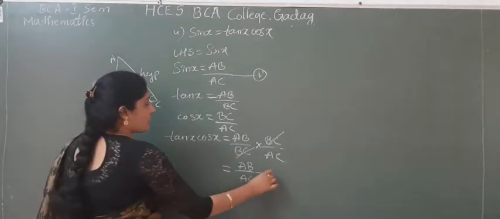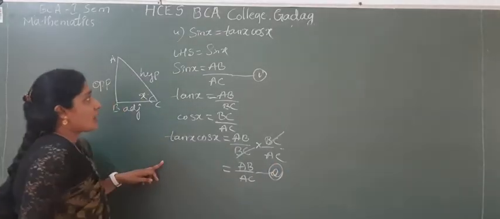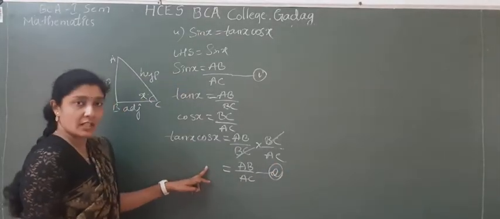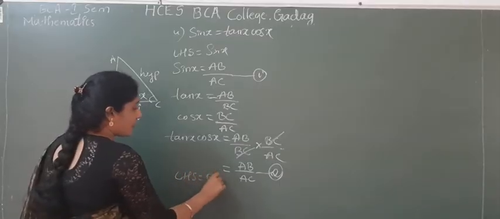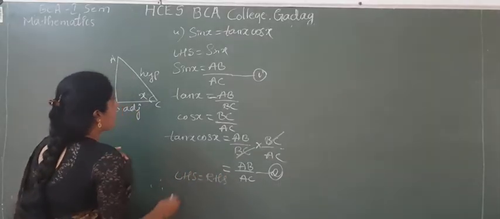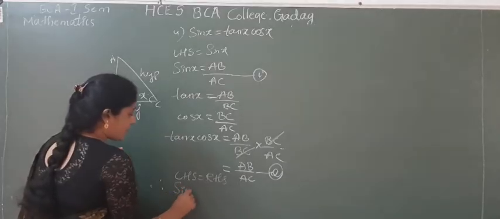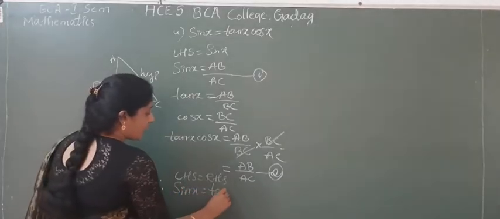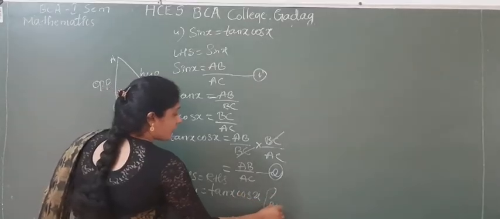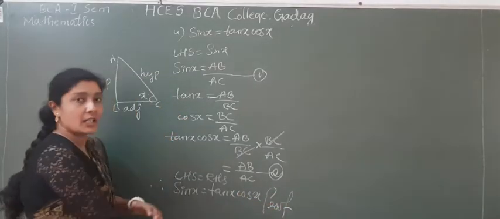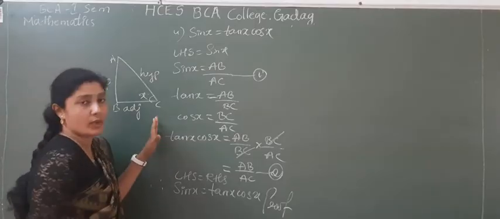Okay. So this is RHS. So if you compare LHS and RHS, both are one and the same. LHS is equal to RHS. Therefore, sin x is equal to tan x into cos x. So this is the proof of the given trigonometric function.